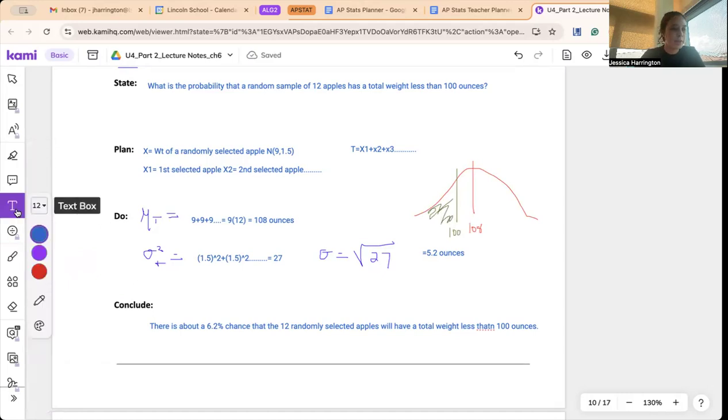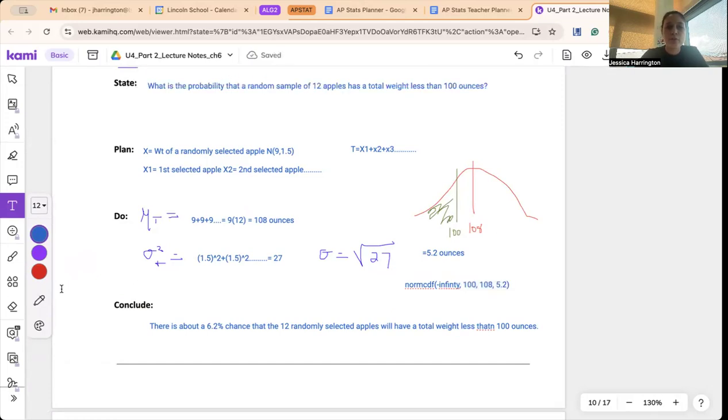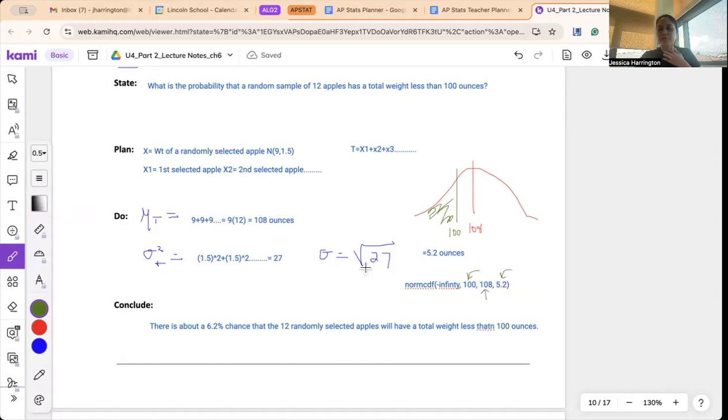The other way you can type it is norm CDF, negative infinity to 100, and then 108 comma 5.2. You can do that, but just remember each part needs to be labeled. What is this? What is that? You can draw arrows or you can just list it underneath. What is 5.2?